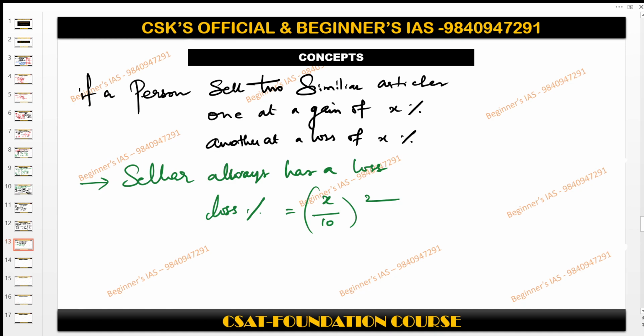Now I'll give you a question. Listen, a shopkeeper. See, the words may change: shopkeeper, a dealer, a Ramesh, whatever name they put. Sold two items for rupees 10,000.